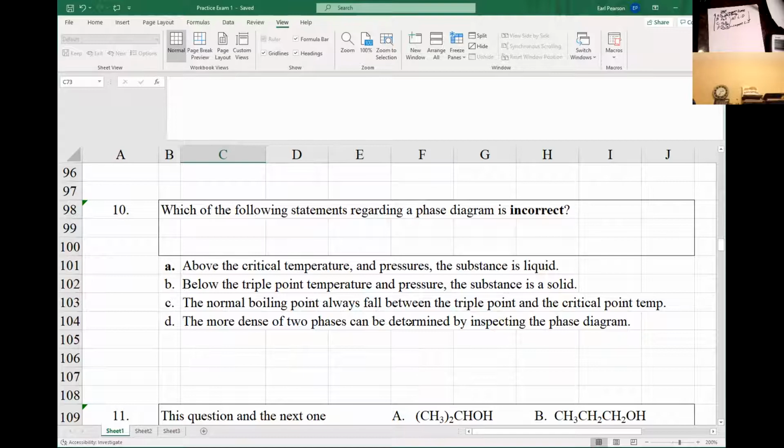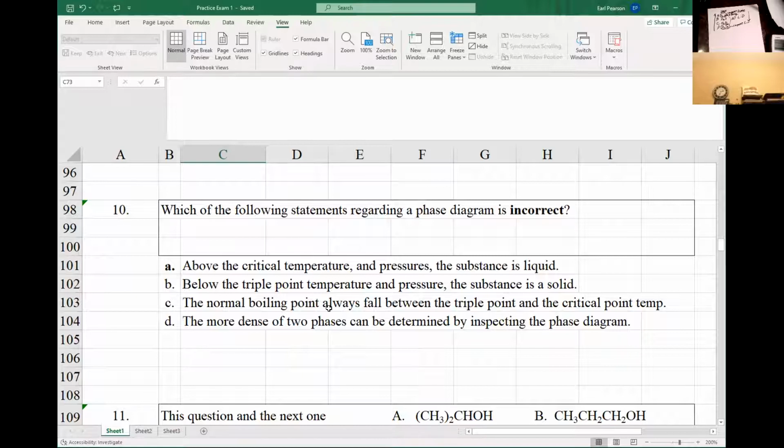But if it's sloped the other way, the liquid will be. You can always tell which phase is more dense, because if you compress something, it will tend to go to the more dense phase.